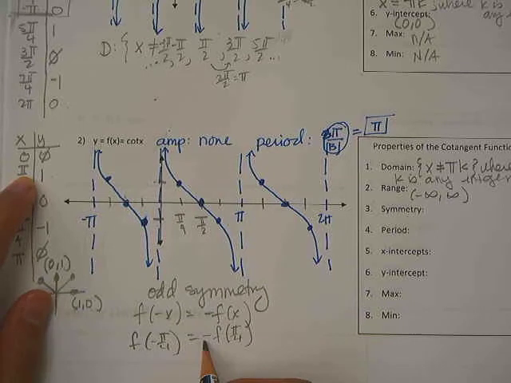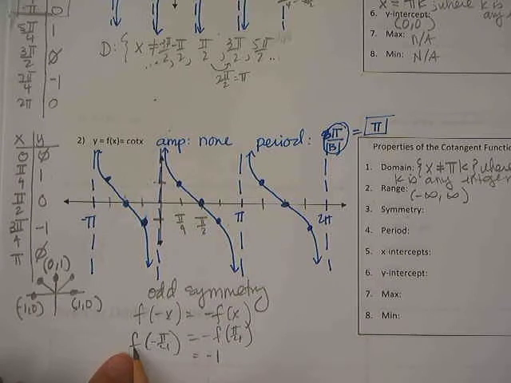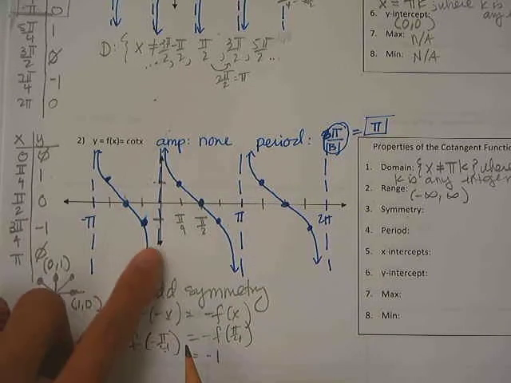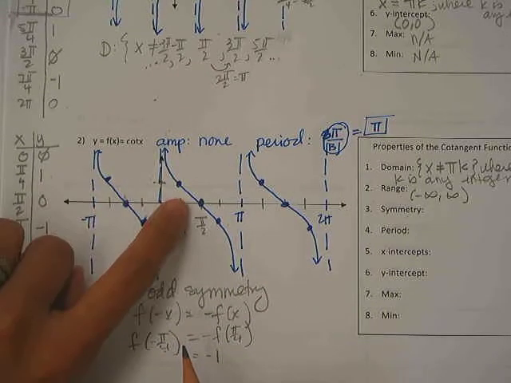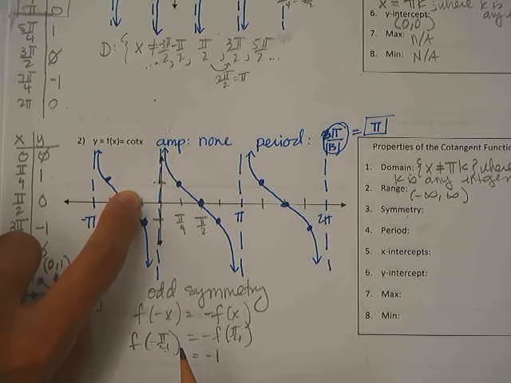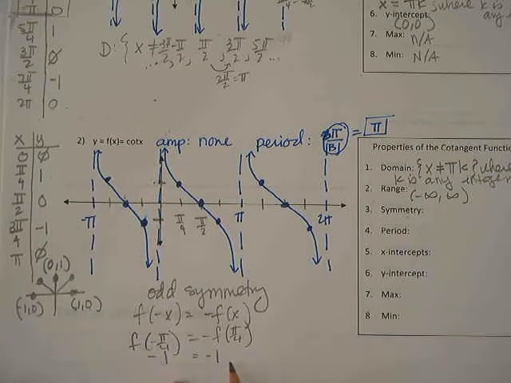Positive 1 times negative 1 is negative 1. Whoa, okay. Well, f of negative pi over 4, I don't have it on my chart, but I'm just going to go over. Each tick mark is worth a pi over 4, so if I want a negative pi over 4, I would just go here. Here's cotangent of a negative pi over 4, the output is negative 1.